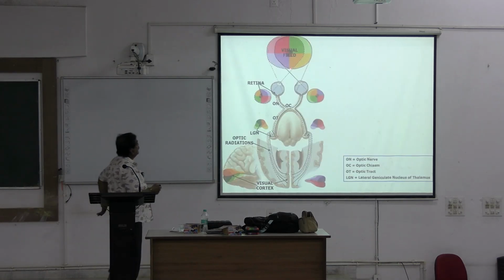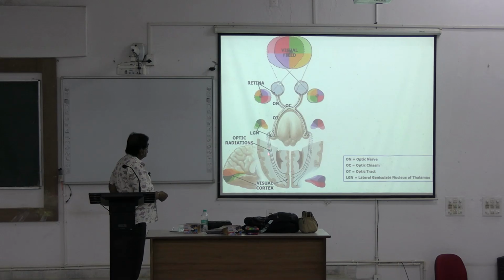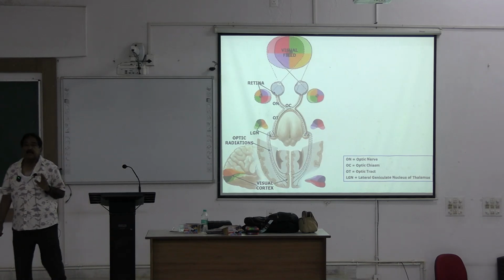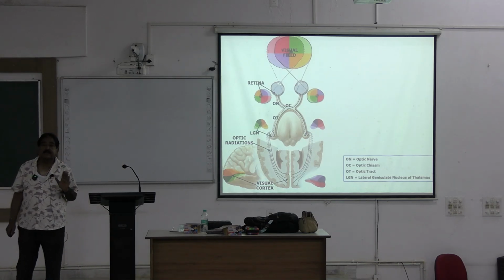Now the visual pathway: visual field, retina, optic nerve, optic chiasma, optic tract, lateral geniculate nucleus of the thalamus, optic radiation, visual cortex. It's a beautiful picture. You practice and you will get results.